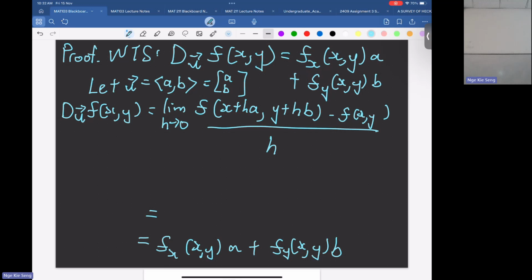Oh, that one is theorem, right? Theorem. If fx and fy continuous, and then you can prove that f is differentiable. That one is theorem.